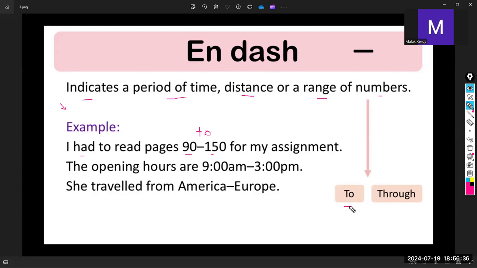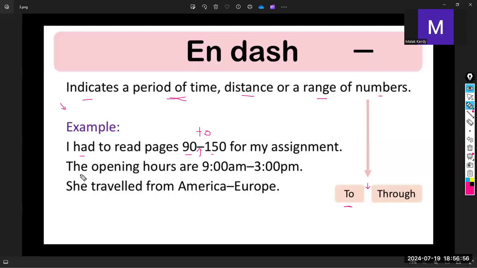So it's talking about a period, from this page to this page, from this period to this period. Notice that I wrote the N dash just to mention a period of time.